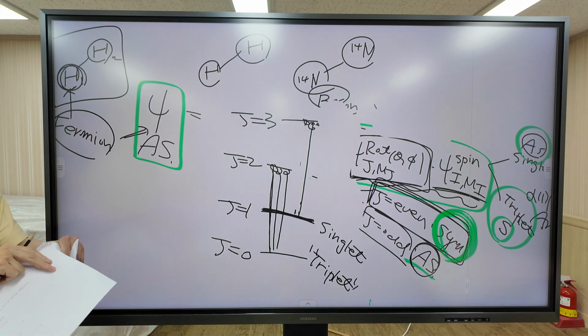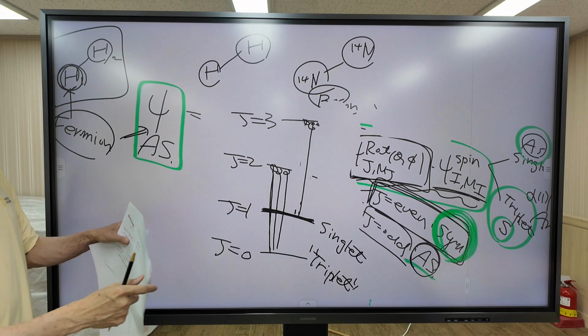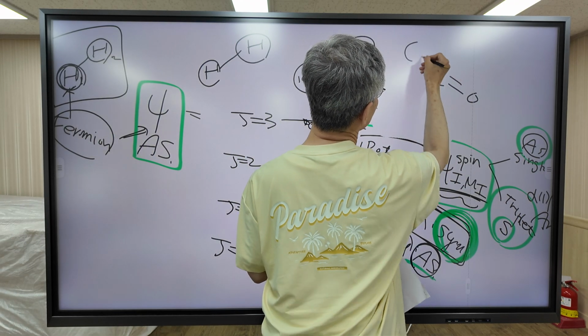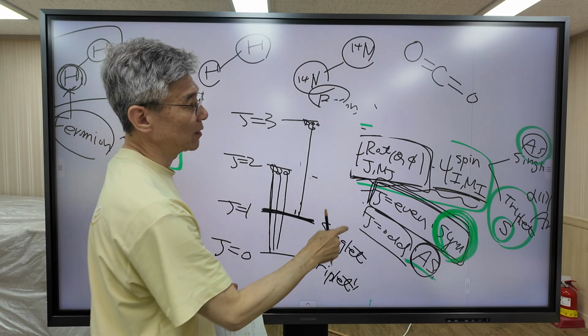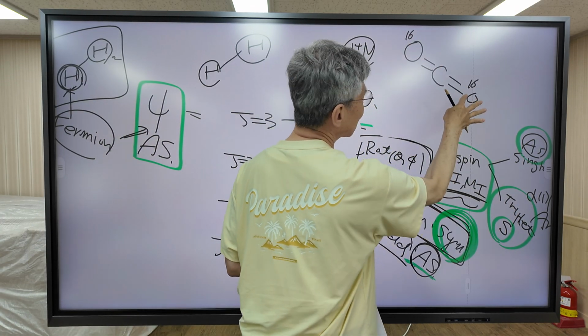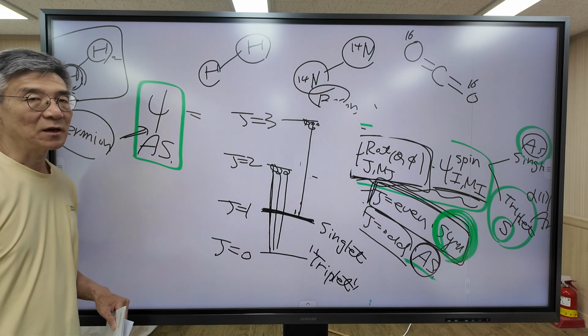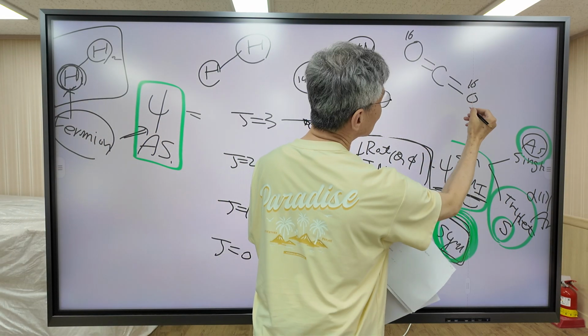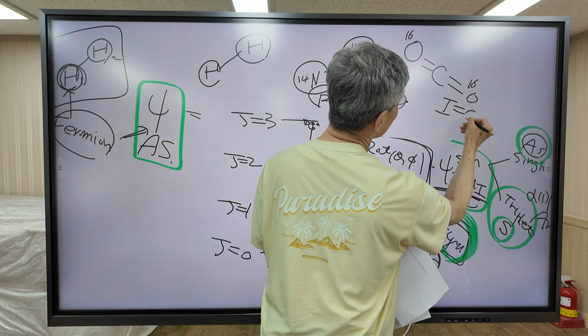Now, final page. Consider CO2. Now, the oxygen is oxygen 16. Oxygen 16 is a special type of boson. The spin quantum number of boson, oxygen, is 0.